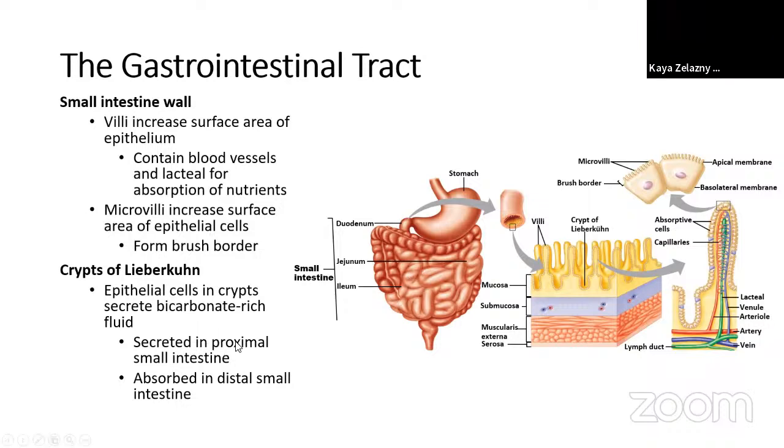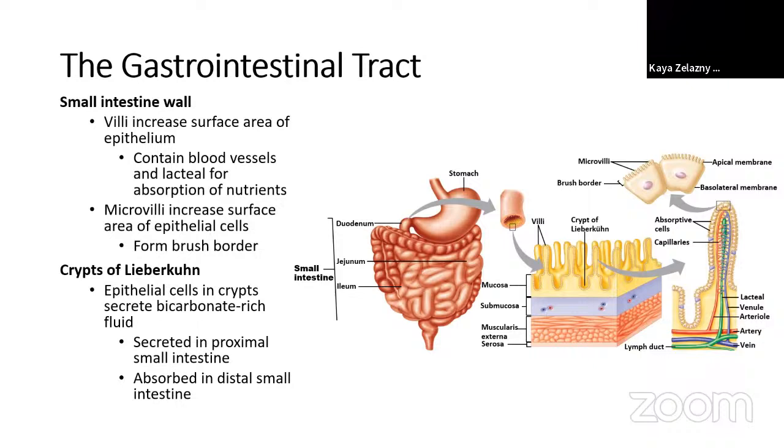So the proximal parts of the small intestine, right? Proximal always means nearer to the beginning. So those are the first parts of the small intestine that you're going to be going through. They're going to be secreting more bicarbonate-rich fluid to neutralize that acid a little bit. We do want to keep that bicarbonate in our bodies, as we've been talking about our acid-base balance, right?